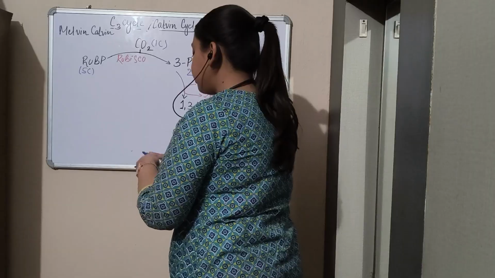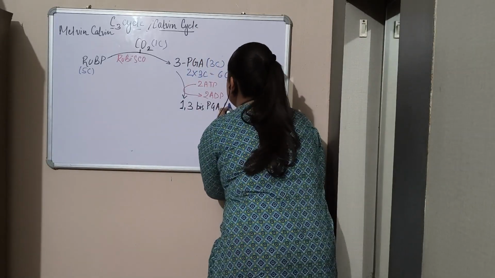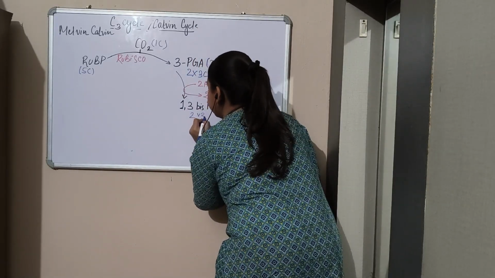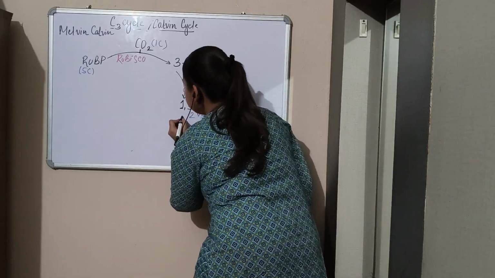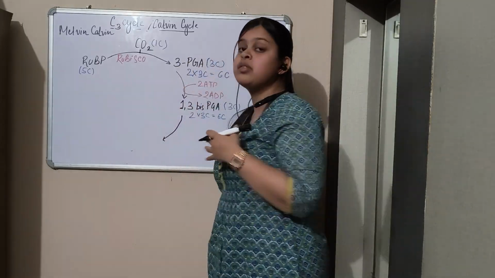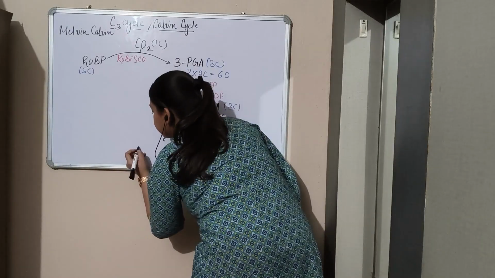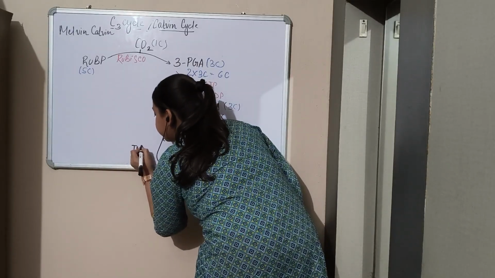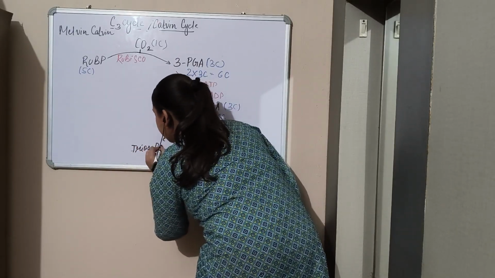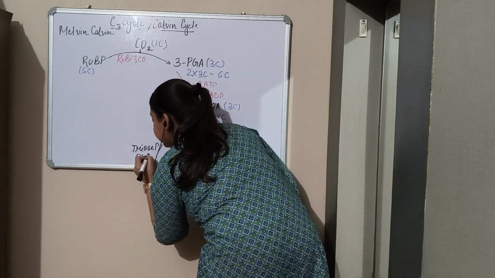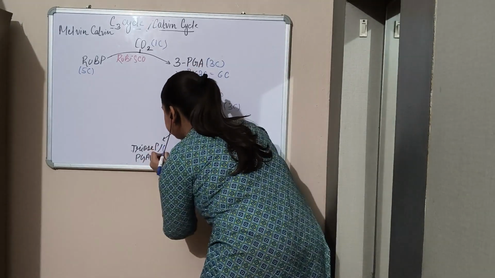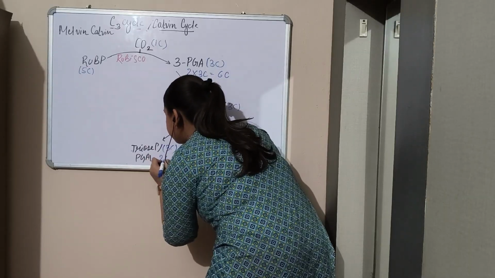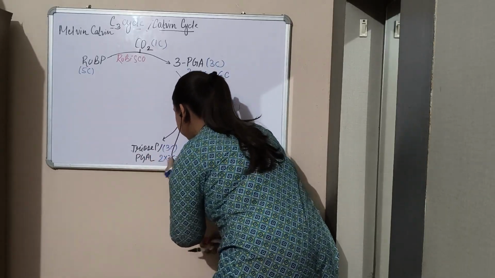Again, this is a 3 carbon compound. So 2 molecules of 3 carbon compound is 6 carbon. In the next reaction, 1,3-bisphosphoglyceric acid will convert into triose phosphate, or you can also say phosphoglyceraldehyde. This is also a 3 carbon compound, and 2 molecules of 3 carbon compound are formed.